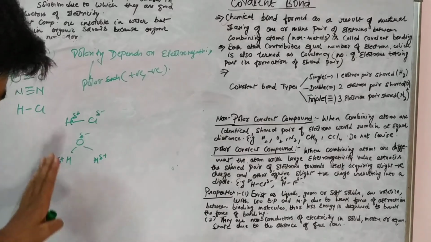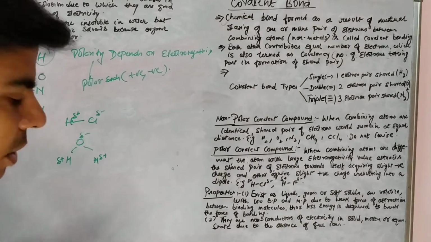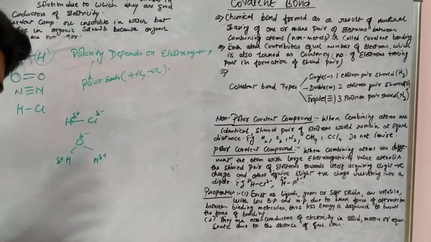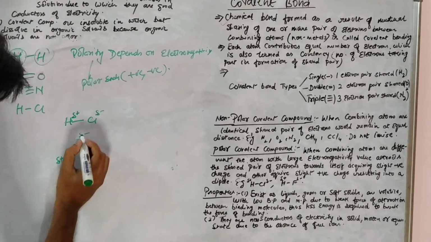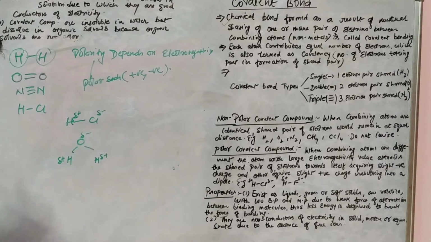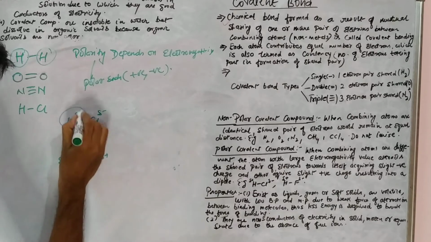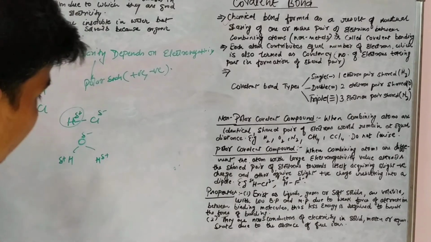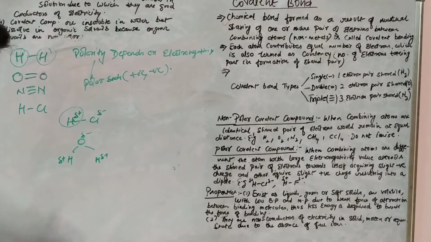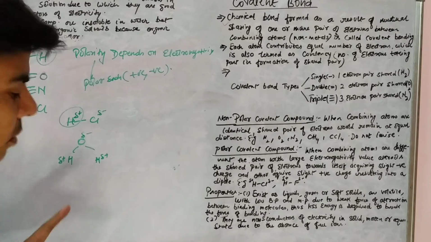Let's see how HCl ionizes in water. HCl will form ions in water. That is why we say it ionizes in water. Since oxygen has a negative end, this negative end of oxygen will attract the positive end of the HCl molecule, which exists as a dipole, and this positive end of the HCl dipole is a hydrogen atom.